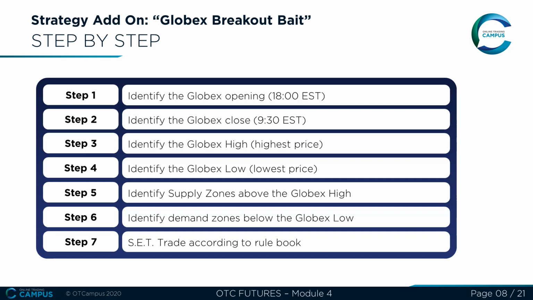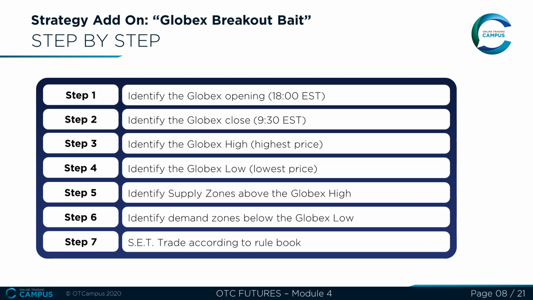Step 3, identify the GLOBEX high, that's the highest price that was made during the extended trading hours. Step 4, identify the GLOBEX low, that's the lowest price that was made during the extended trading hours, the overnight hours. Step 5, identify supply zones above the GLOBEX high, if there's any.